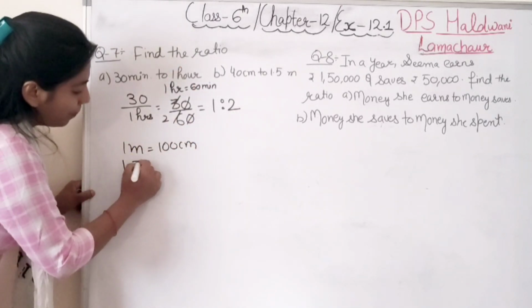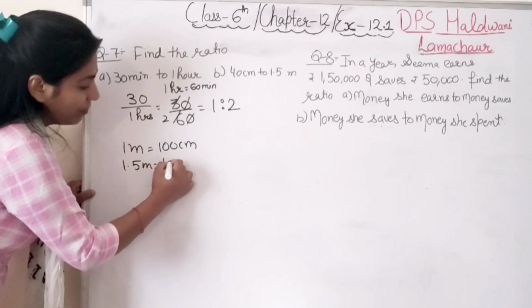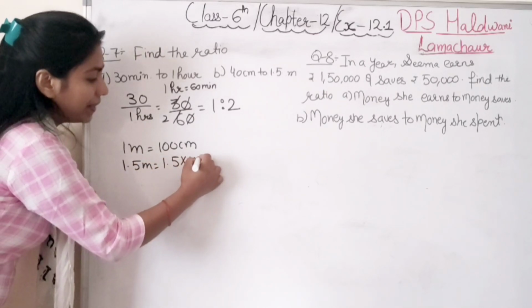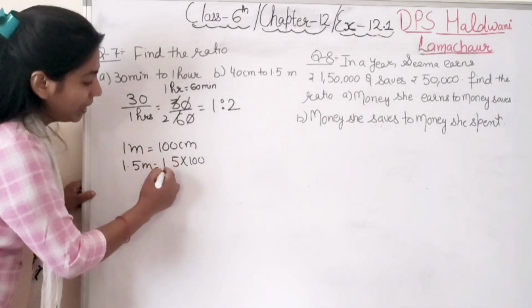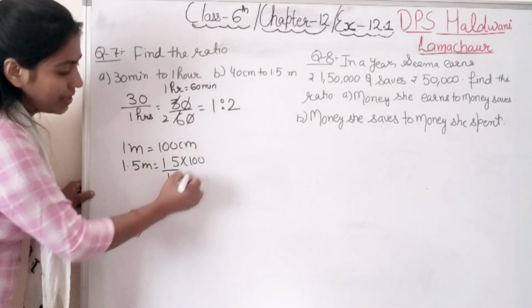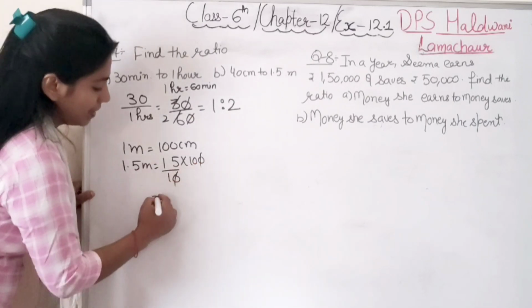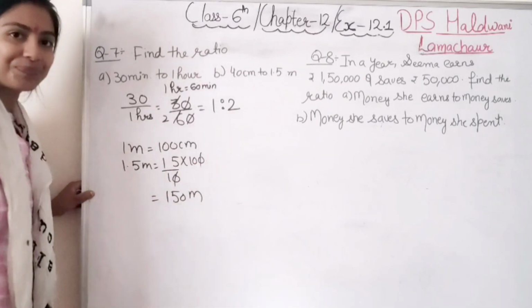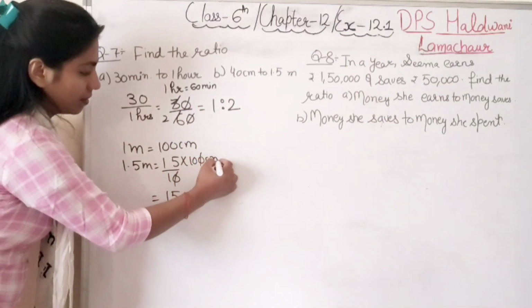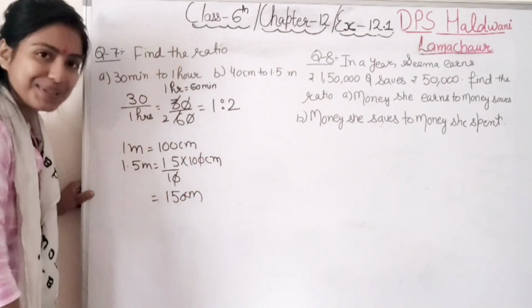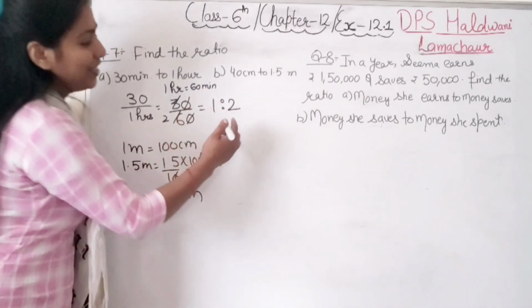We have 1.5 meter, so it will be 1.5 into 100. Now it is in decimal, so we'll convert into fraction. 1 zero will cancel out 1 zero. So the answer is 150. So 1.5 meter is 150 centimeter.